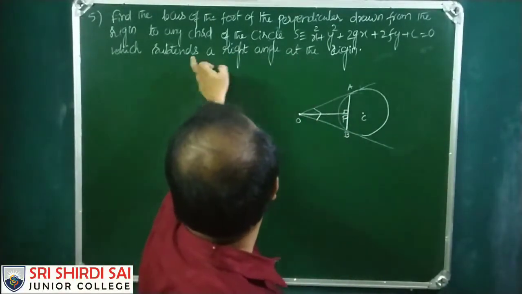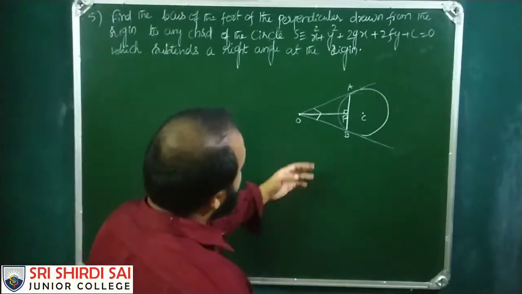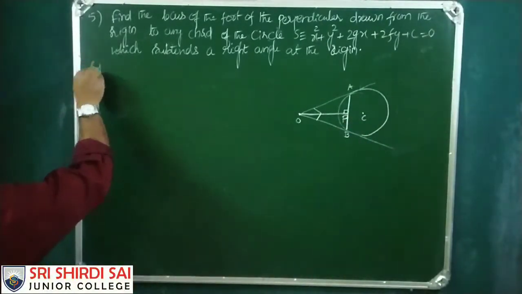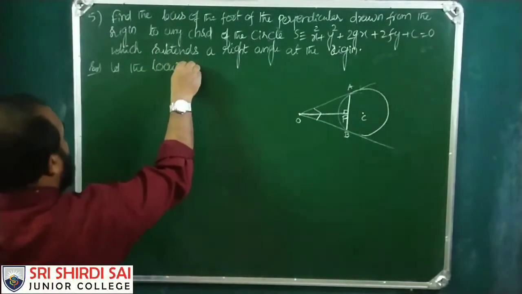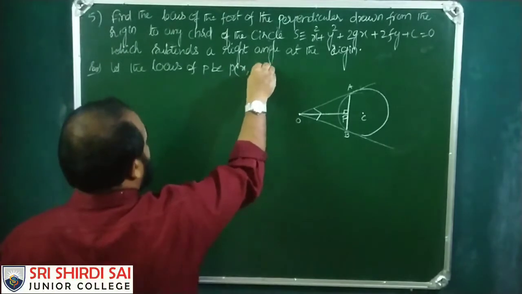The chord subtends a right angle at the origin. So we need to find out the locus of P. So solution: let P be (x1, y1).